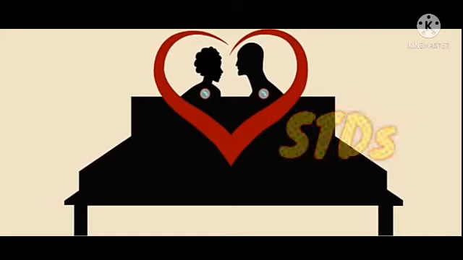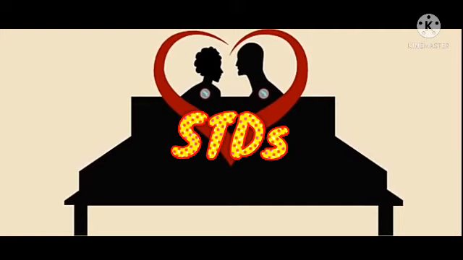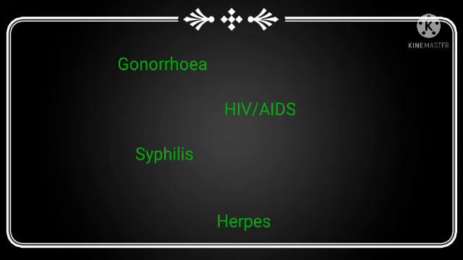Then we also have the sexually transmitted diseases known as the STDs. These diseases are caused through sexual intercourse with an infected person or by contact with the body fluid of an infected person. Examples of such diseases include gonorrhea, HIV/AIDS, syphilis, and herpes.